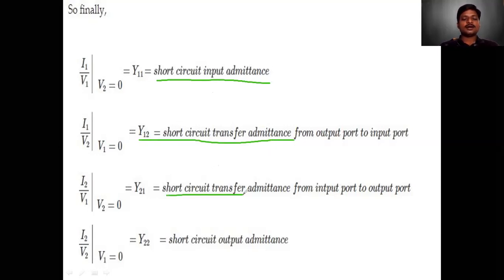And Y21 is called forward transfer admittance. If you want to say it clearly, you have to say short circuit transfer admittance from input port to output port, but in short, we can say forward transfer admittance. Similarly, Y22 is called output driving point admittance, or simply short circuit output admittance. So these are the names of these admittances. We have names for impedances also.